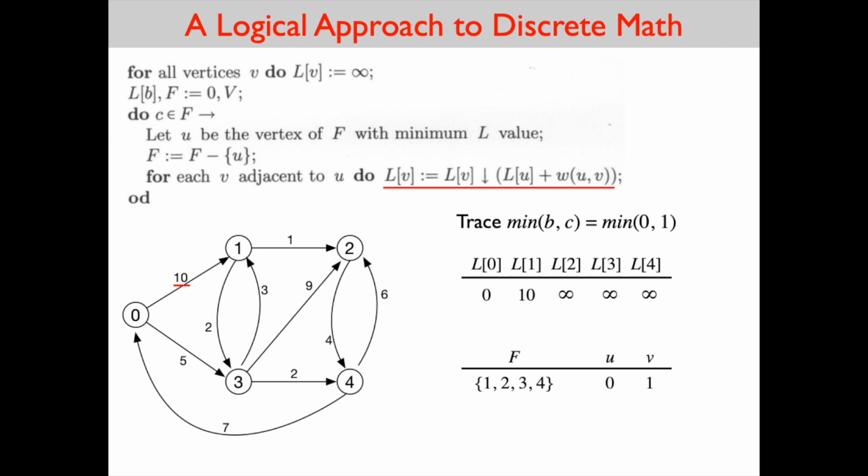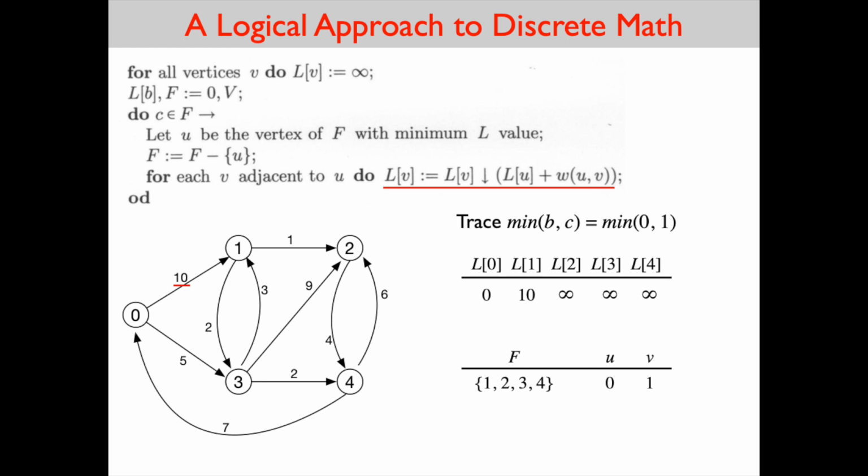Well, we take a look at the current value of L sub v, and because v is 1, L sub 1 is infinity. So L sub 1 is going to change. What's it going to change to? It's going to change to the minimum of the current value of L sub v, which is infinity, and L sub u plus w u comma v.